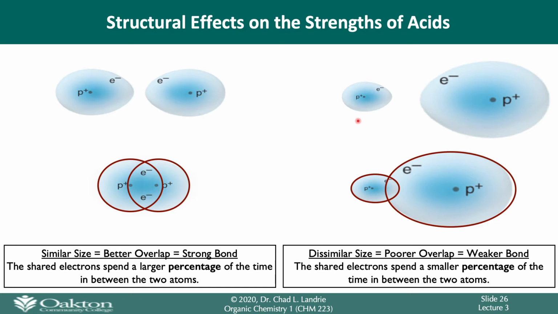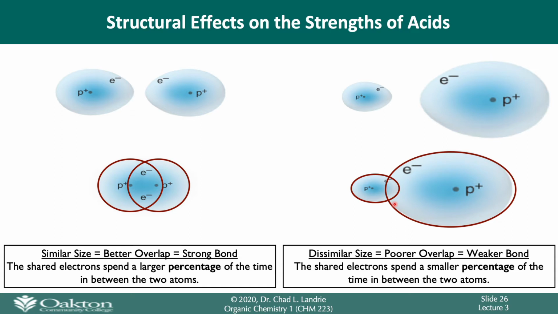On the right-hand side, though, we have two orbitals of very different sizes. And by different sizes, we also mean different energies. And when these orbitals overlap with each other, you can see that the area of overlap right here is very small compared to the rest of the orbital, the locations where the electrons could be at other times.